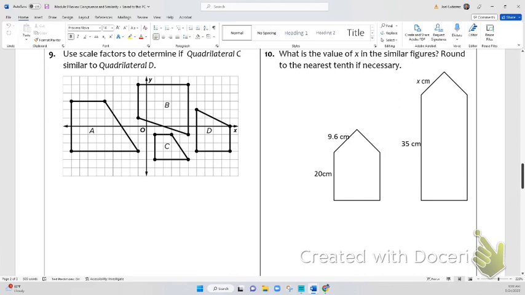For number 9, it says use scale factors to determine if quadrilateral C is similar to D. So first things first, cross out A and B because they're not even talking about A or B. They're just talking about C and D. So what I did on my paper is I drew the 2 so that way they were facing the same direction.